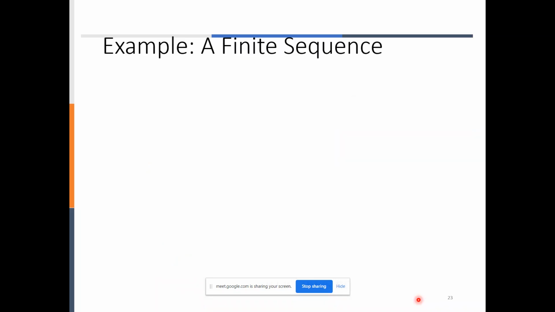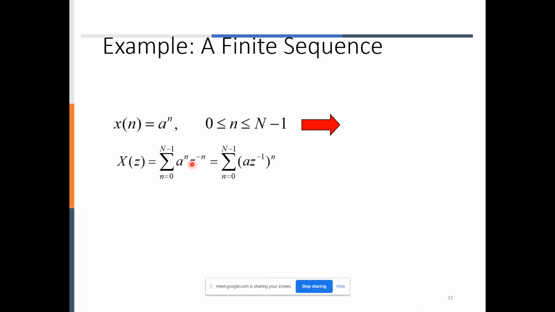Finite sequence, suppose x(n) is equal to a to the power n, where n is between 0 to N minus 1. This is a finite sequence because it is not up to infinity, its value is from 0 to N minus 1. So X(z) for this case will be the sum from n equal to 0 to N minus 1 of a to the power n, z to the power minus n, so the sum of (a z inverse) to the power n.